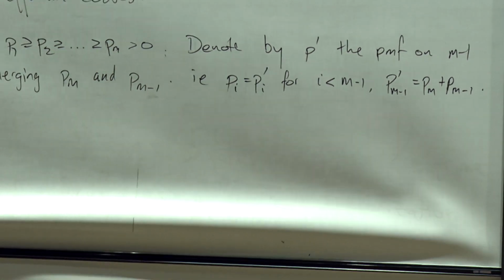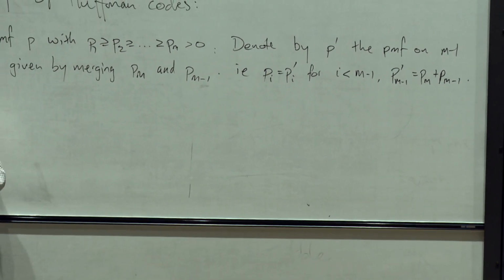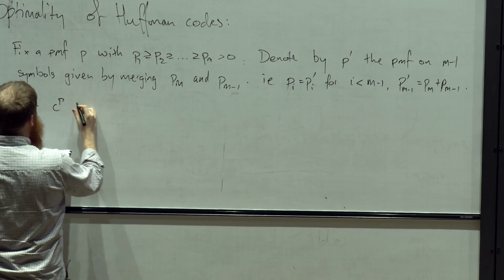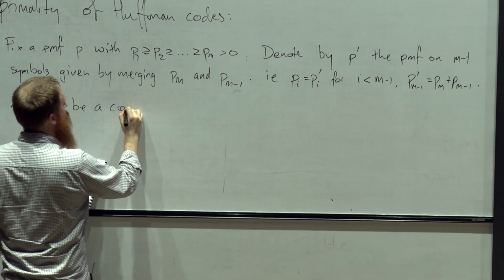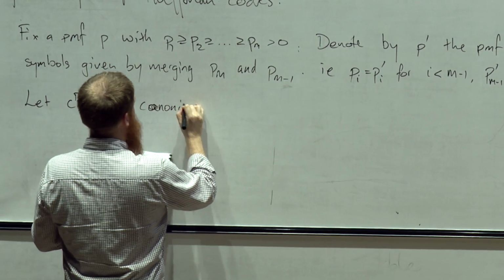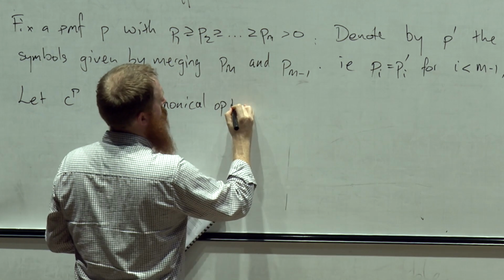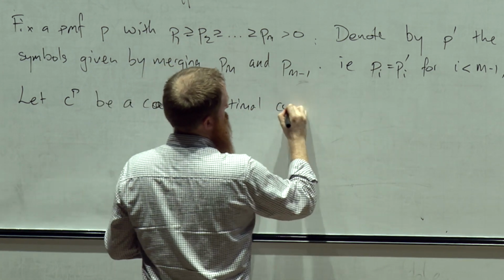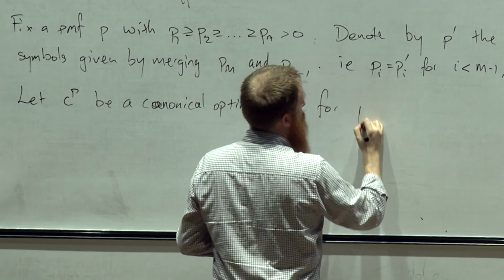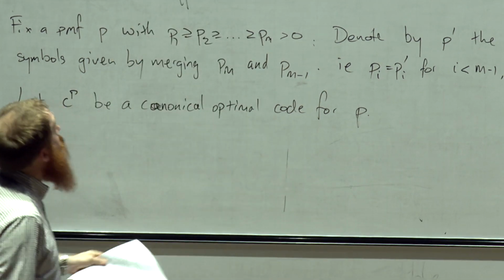Okay, so now I'm just going to suppose, let Cp be a canonical optimal code for P, using this definition here.